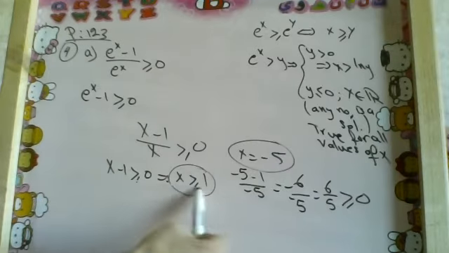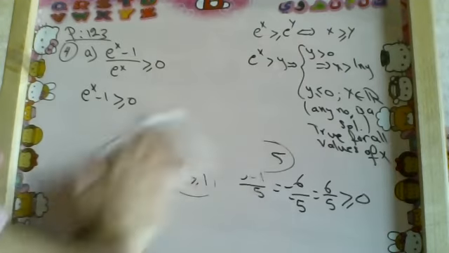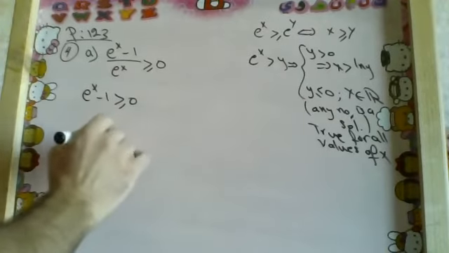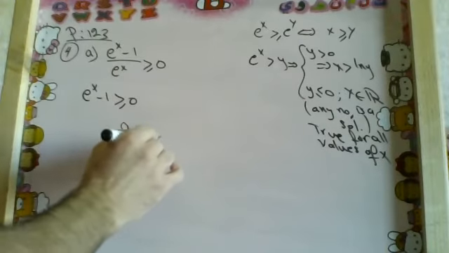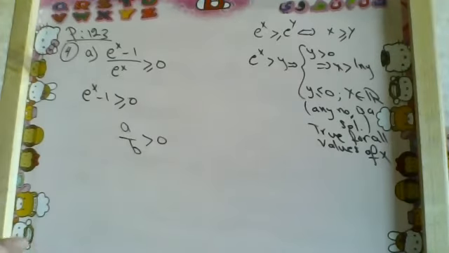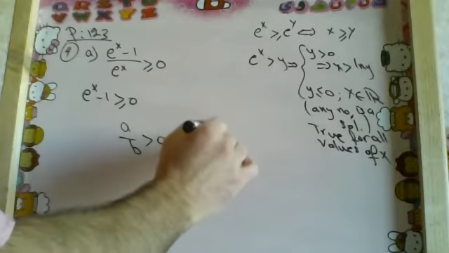Because what you said here is not true. A fraction a over b being greater than 0 does not mean that the numerator is greater than 0.